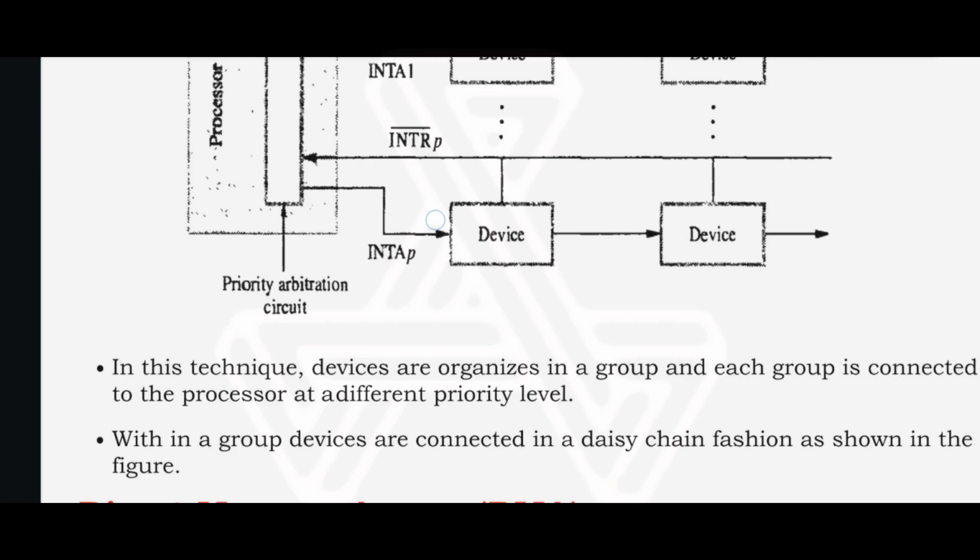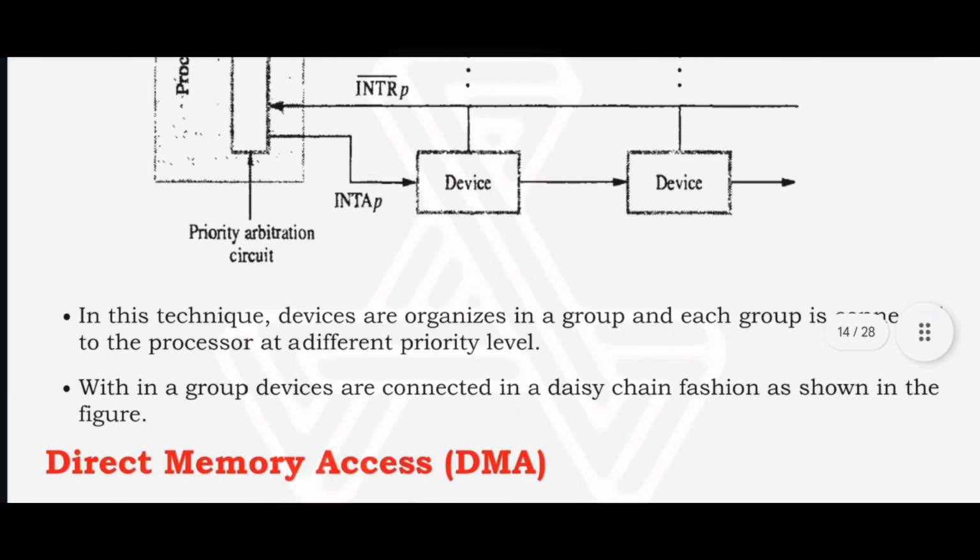In this technique, devices are organized in groups, and each group is connected to the processor at a different priority level. Within a group, devices are connected in a daisy chain fashion, as shown in the figure.